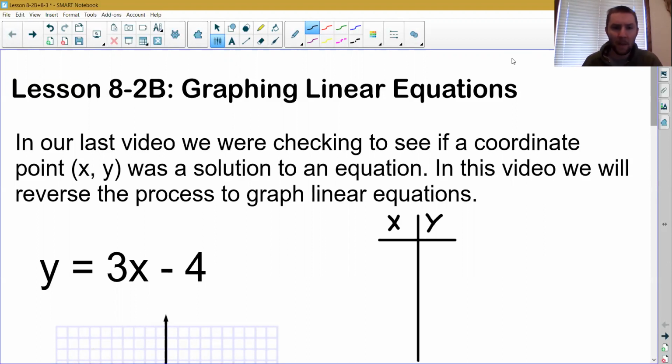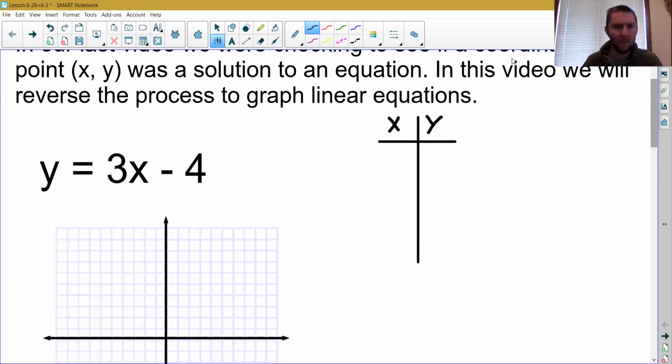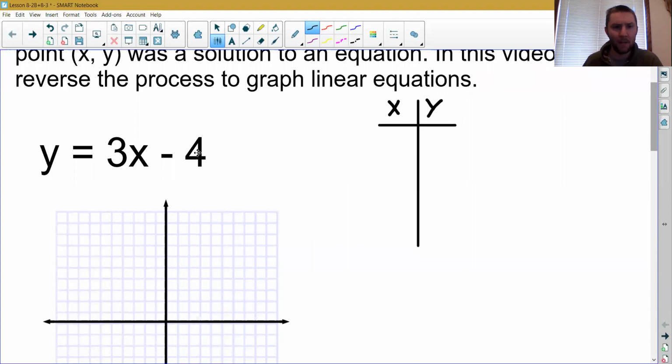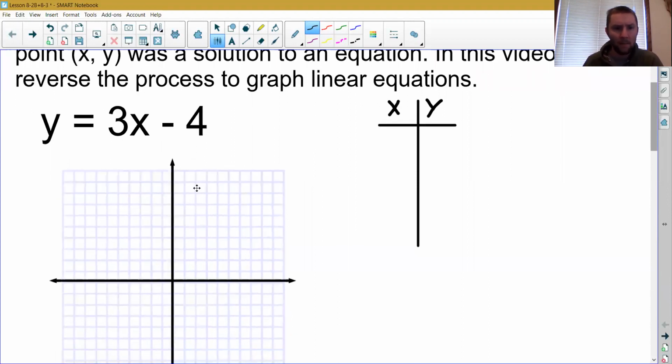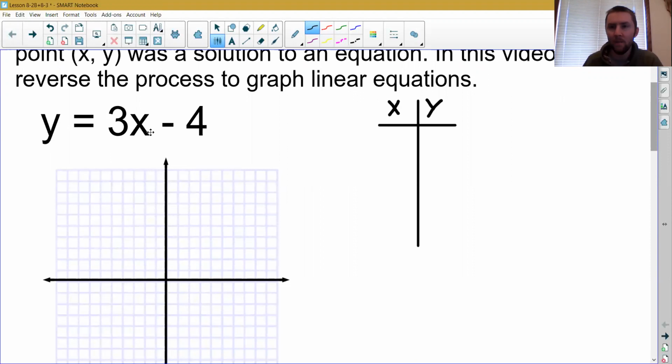Okay, so our first example is here. It says y equals 3x minus 4. I'm going to take this equation and try to come up with a whole bunch of x, y coordinate points that are solutions to this equation, or fit that equation.